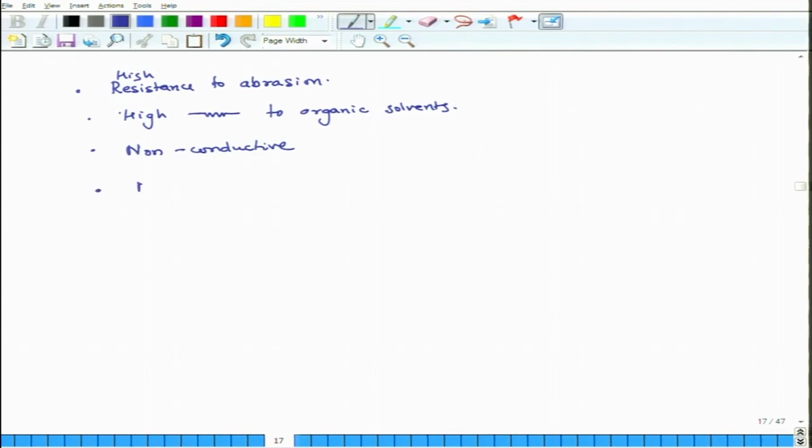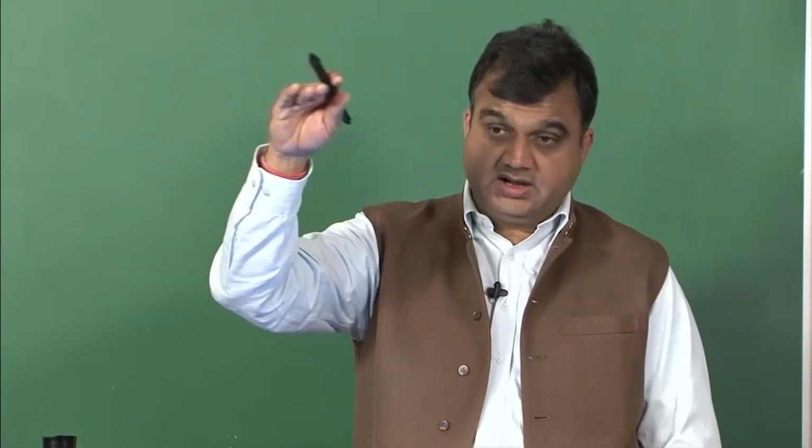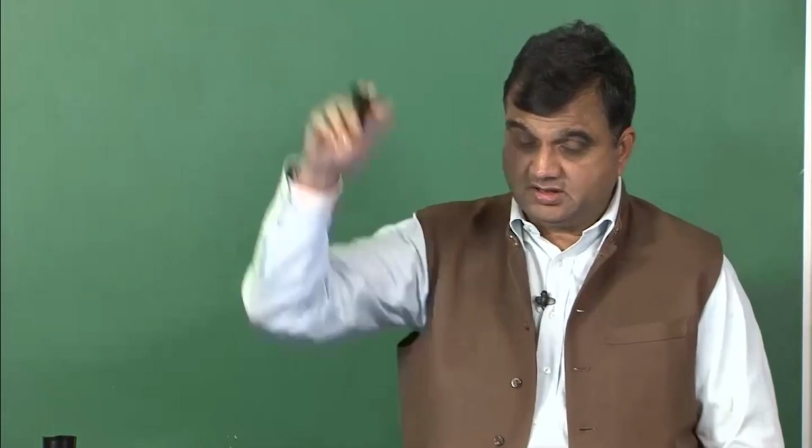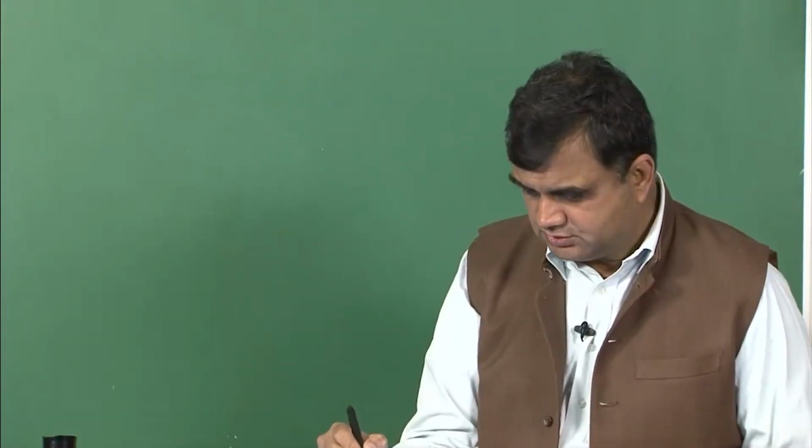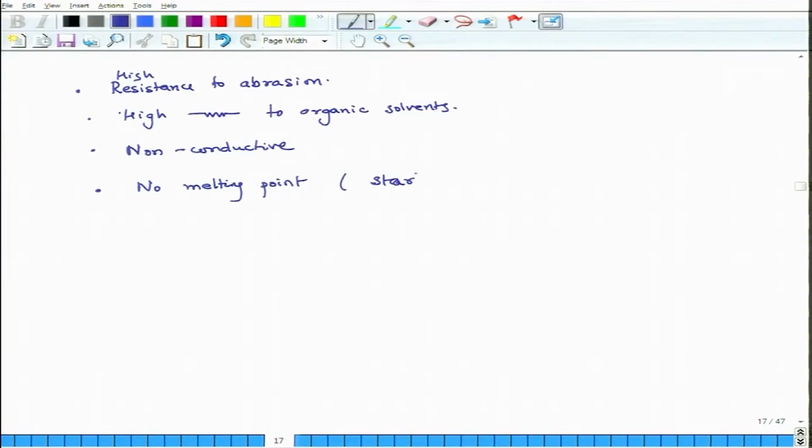No melting point. A lot of synthetic materials melt. It does not mean that if you use this fiber at 1000 degrees centigrade it will perform well, that is not the point, but they have no melting point and they start degrading only at 500 degrees centigrade.